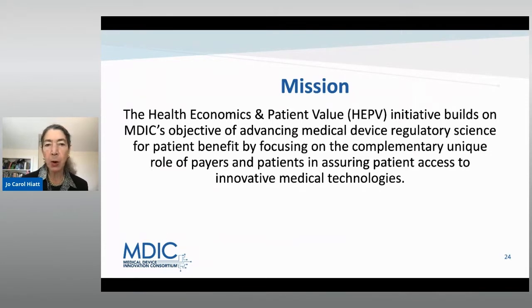The other part of the HEPV initiative really focuses on patient perspectives and bringing in their input and their recommendations regarding what risk tolerance they may have, trade-offs that they're willing to make.